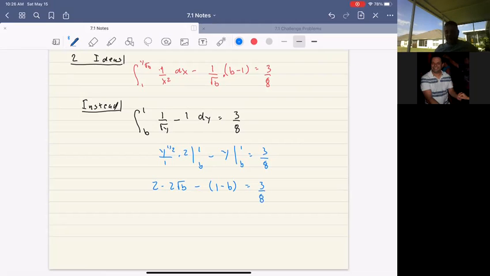Okay. Let's go ahead and do a little massaging of it. So 2 and 1 become 1. 1 minus 2 root b plus b equals 3/8. Let's multiply everything by 8.